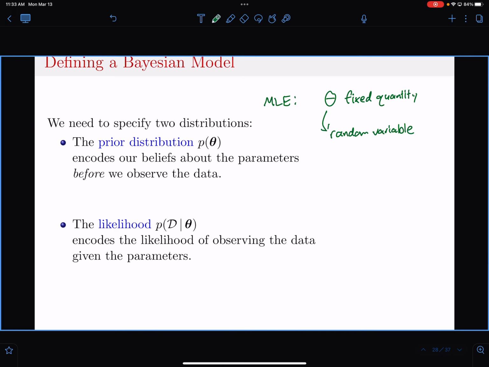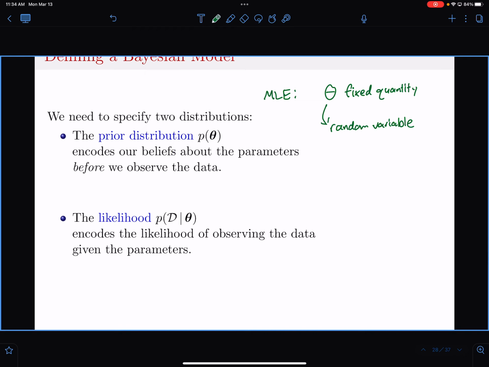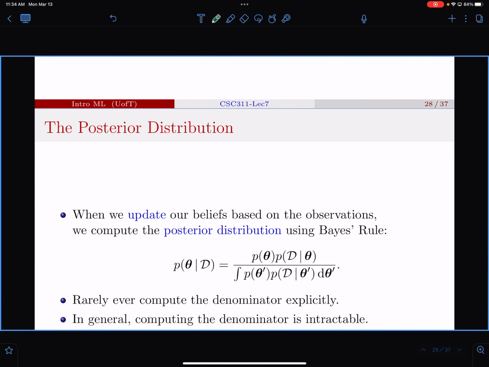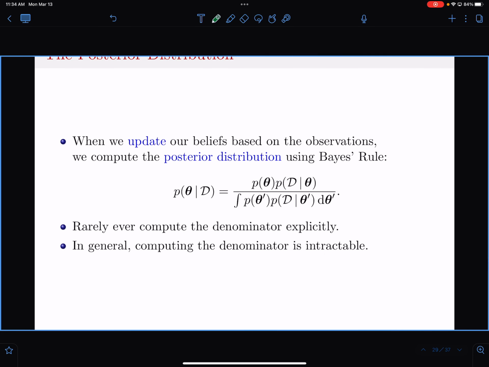So overall, we need two terms here. We need the prior distribution P of theta, which encodes our belief, and then the likelihood, which measures how likely the data is given the setting of the parameters. And the overall way you compute the P of theta now is we use Bayes' rule.